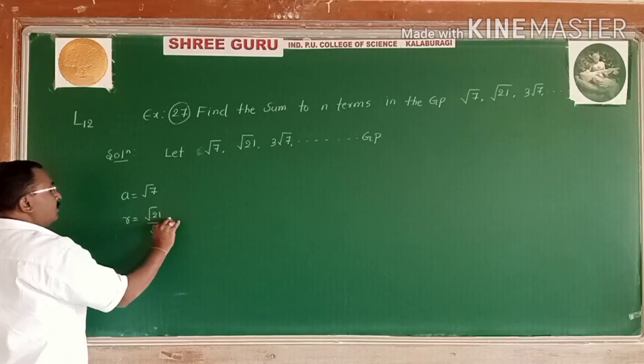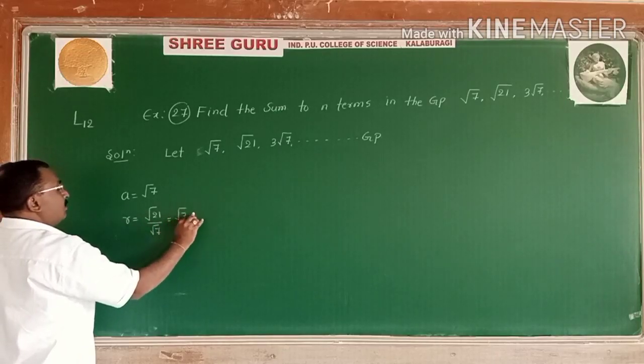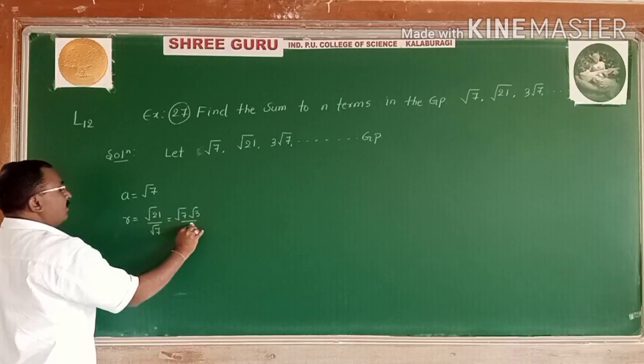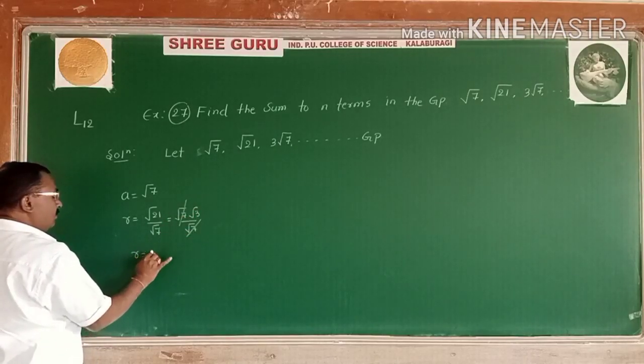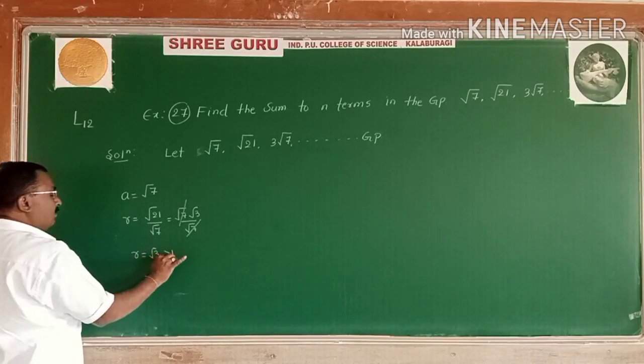That is root 21 divided by root 7, root 7 gets cancelled, so r is equal to root 3, which is greater than 1.